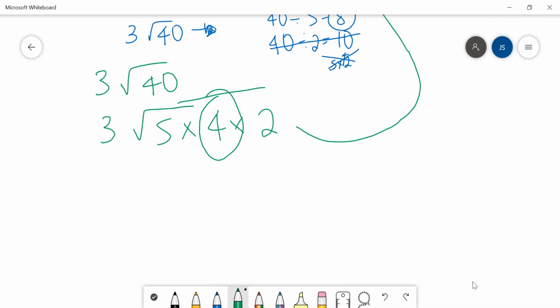This is a perfect square number, so square root of 4 is the same as 2. And when we have a whole number, we put it outside of the square root. So this one here will go outside.